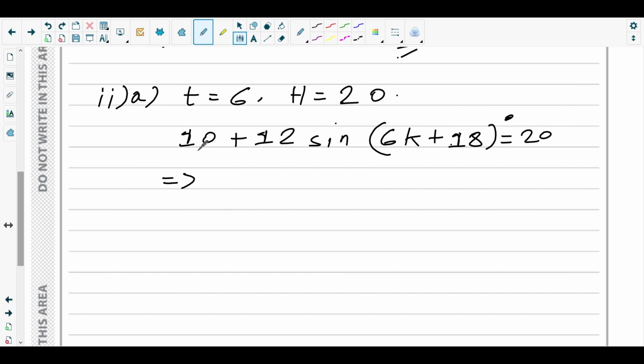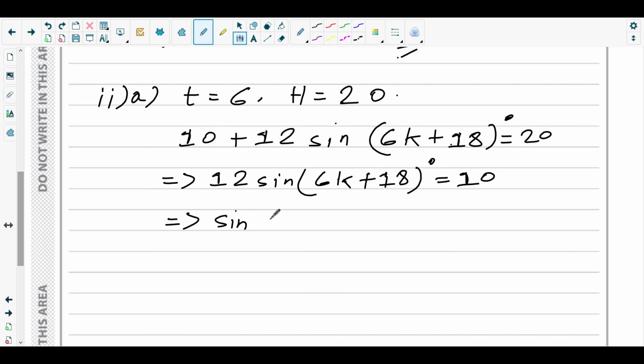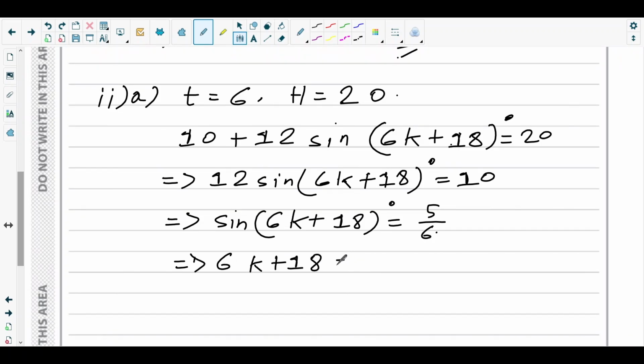Now take 10 to the right hand side, so you get 12 sine (6k plus 18) degrees equals 10. Now divide both sides by 12, so sine of (6k plus 18) degrees equals 5/6.